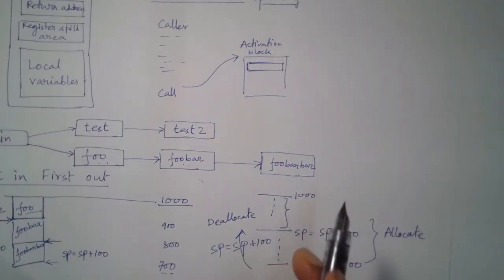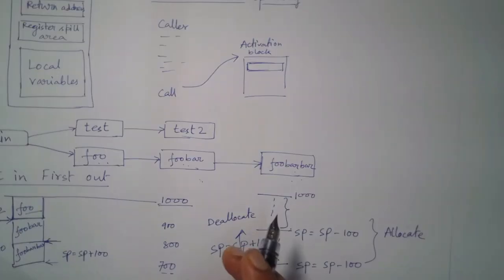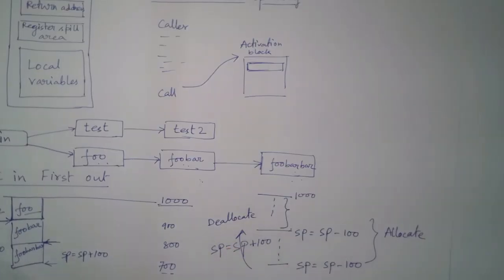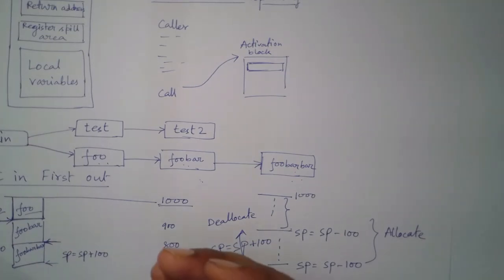So you can define a part of your memory as your stack, and this stack is downward growing. The first activation block starts at the highest address and the subsequent activation blocks are allocated in the lower addresses.